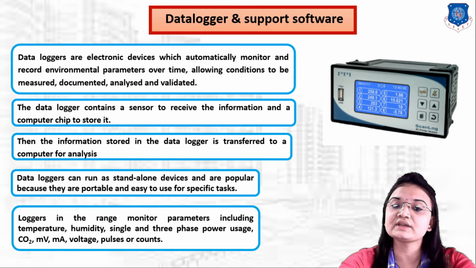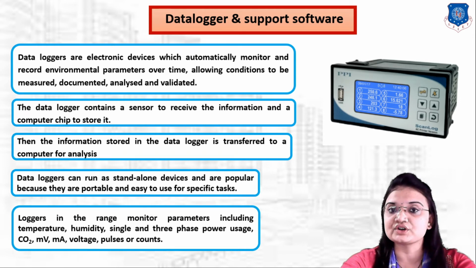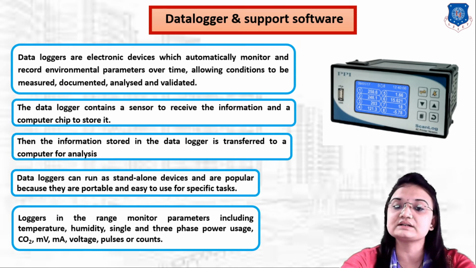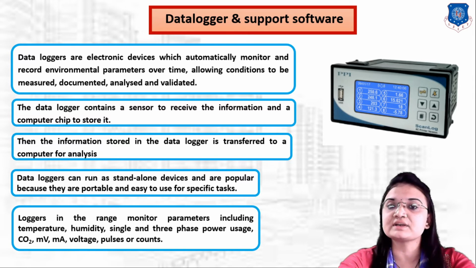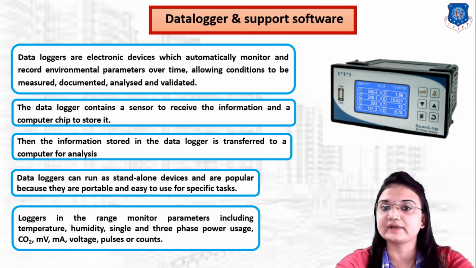A data logger is generally used to monitor parameters like temperature, humidity, signals and three-phase power usage, and to measure CO2, millivolt, milliampere, voltage, pulses and count. So we can measure these parameters with the help of a data logger.